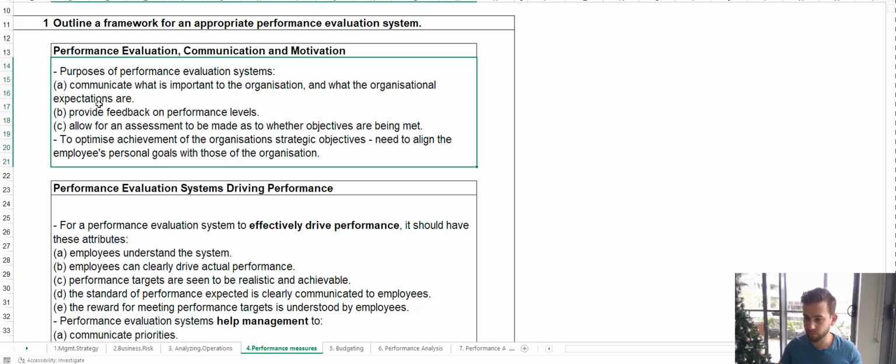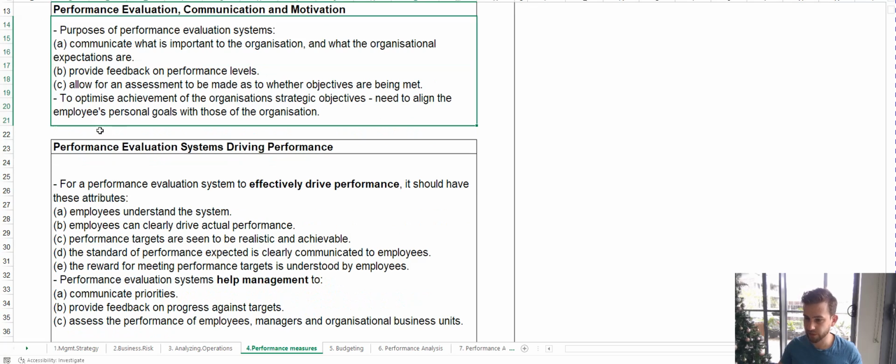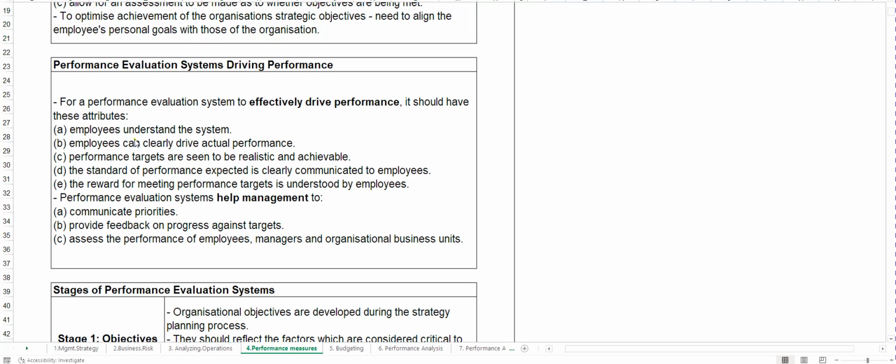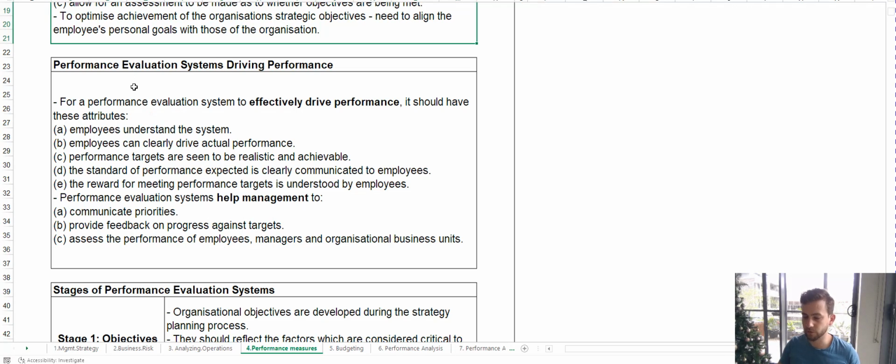B, provide feedback on performance levels. C, allow for an assessment to be made as to whether objectives are being met. So, to optimize achievement of the organization's strategic objectives, you need to align the employee's personal goals with that of the organization.